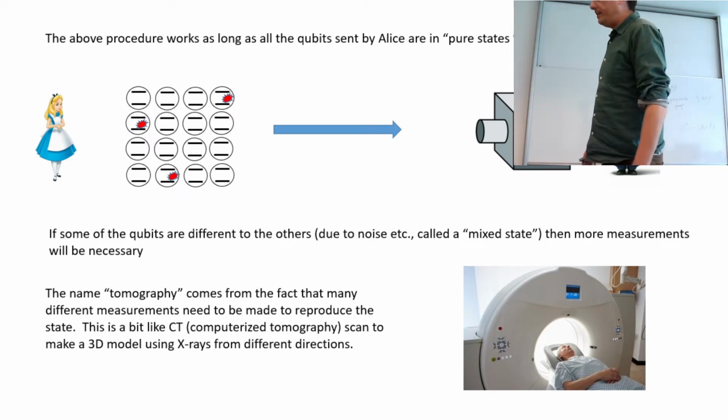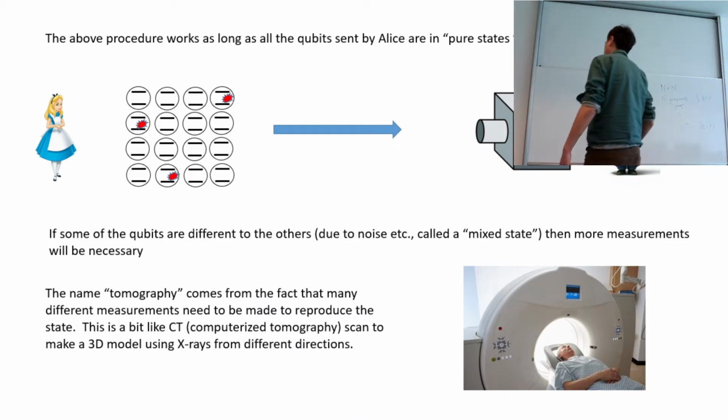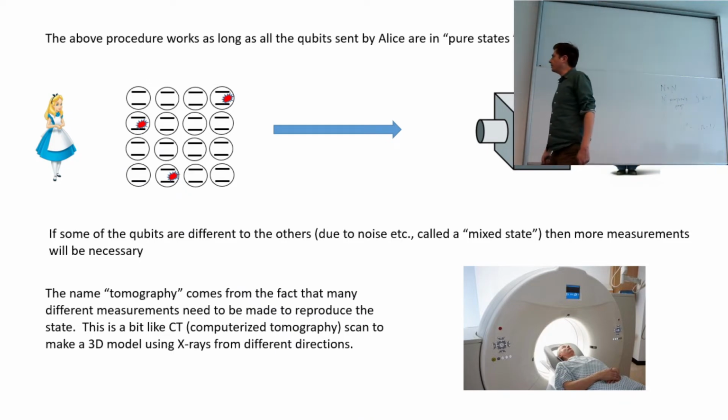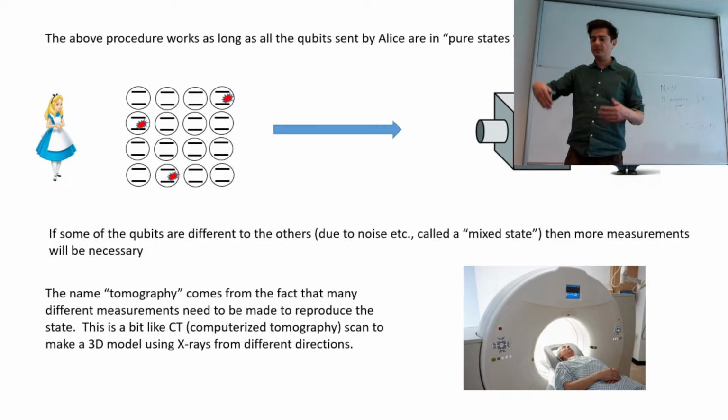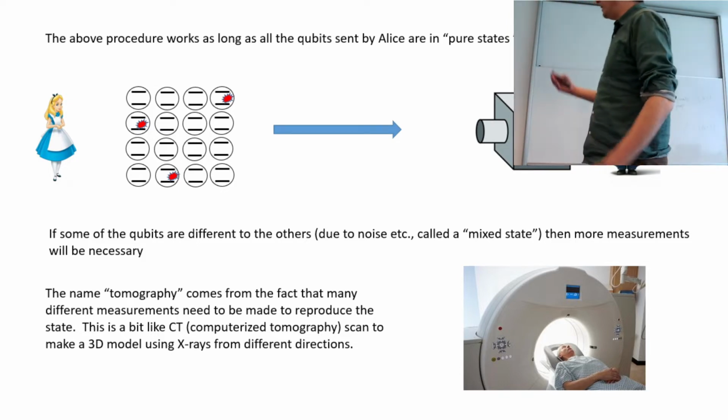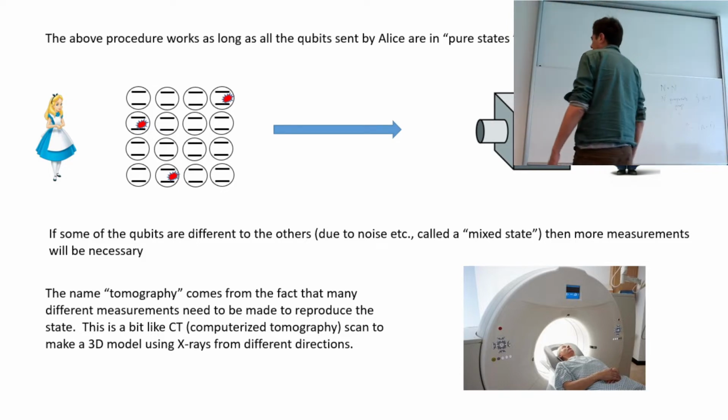So you actually need to do another measurement for the qubits. But let's not talk about that now. It's called tomography because it's like looking at the quantum state from different angles, different bases, different coordinates, and then you figure out what it really is.